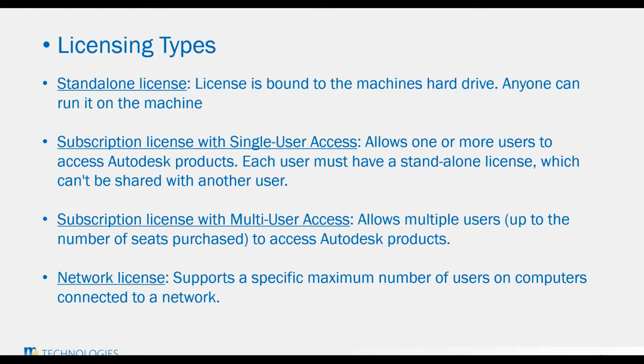The next one down is subscription license with multi-user access. This is kind of the next new wave of how they could handle multiple users in a company. You could go in there and assign access to John Doe for a couple of weeks, and then unassign the access and assign it to Jane Doe for the next couple of weeks.